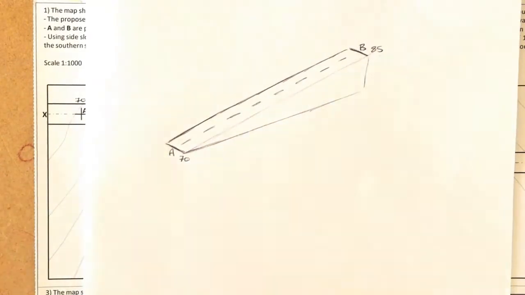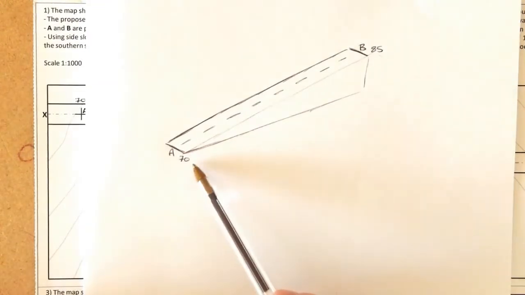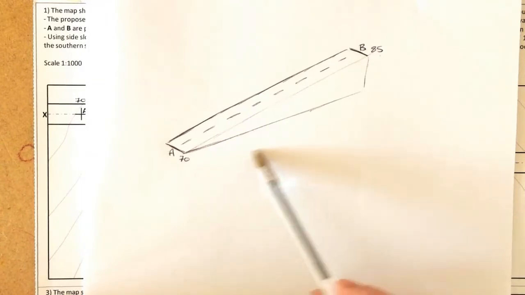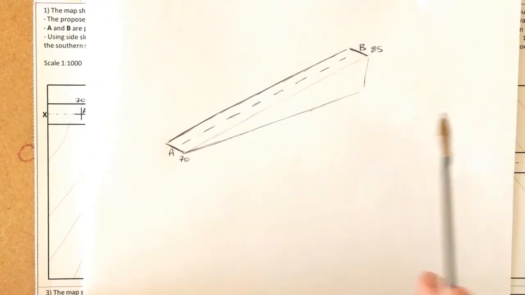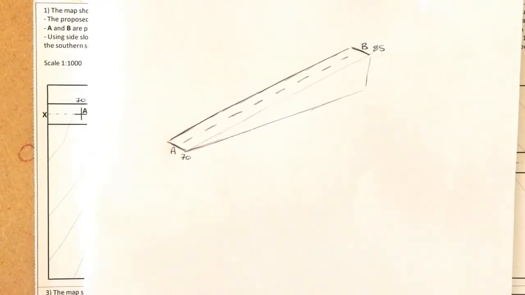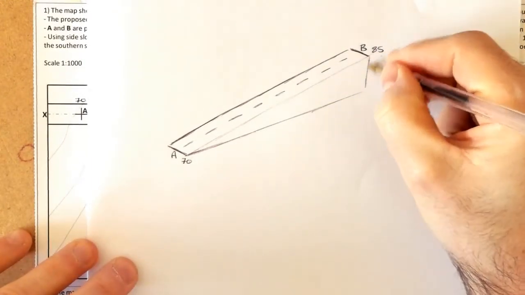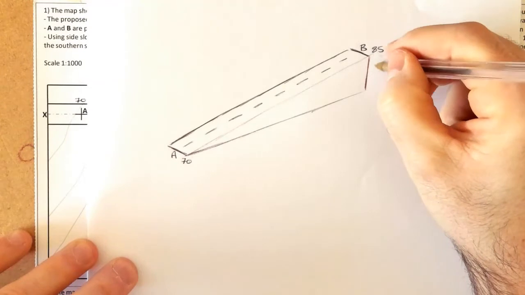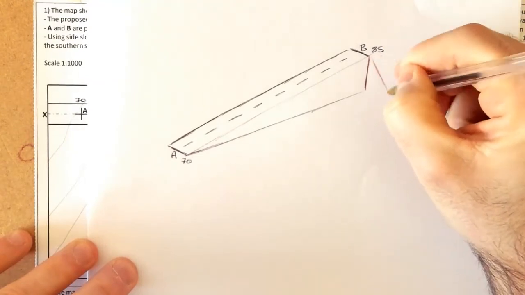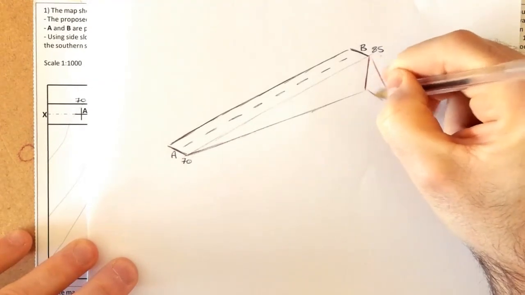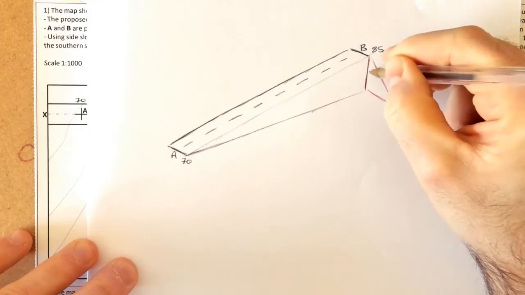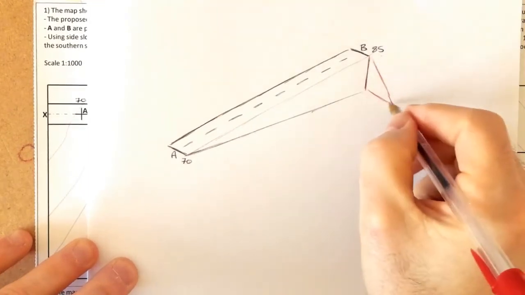Now, what we're going to have to do is something slightly different here. Usually in our previous questions we would have stepped out from the road by applying our fill ratio, 10 millimeters, and just done parallel lines with the road. Now here we're actually going to have to apply a fill cone. So if I was just to do a cone there, put in a little triangle here, and obviously the height difference is 15.